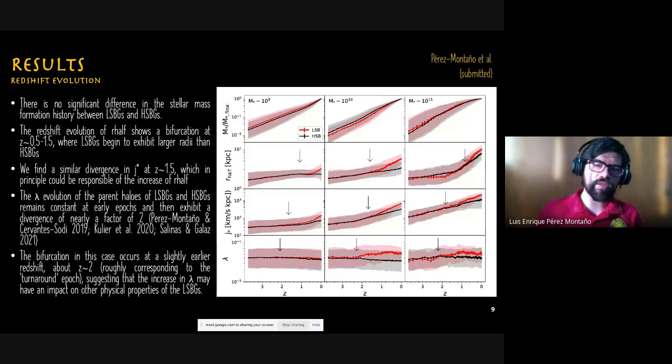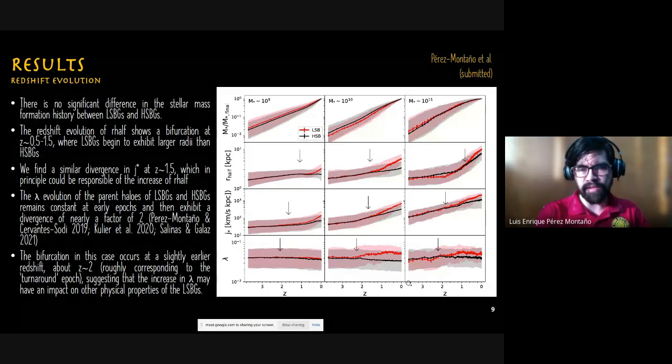And finally, we want to look back in time to see which are the main properties that favor the evolution of these galaxies. The key parameter that we want to study is the spin parameter.